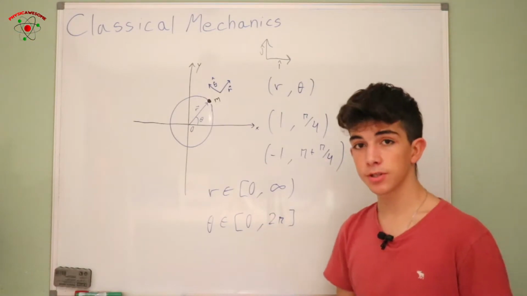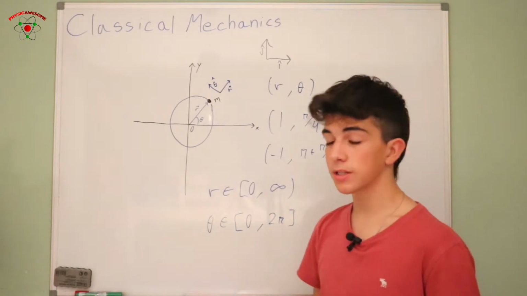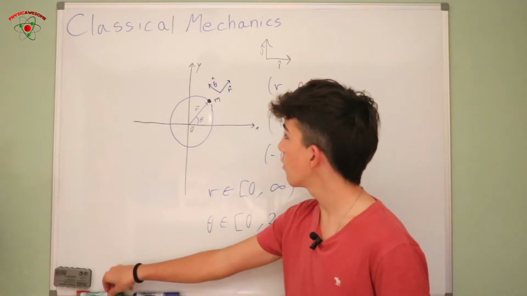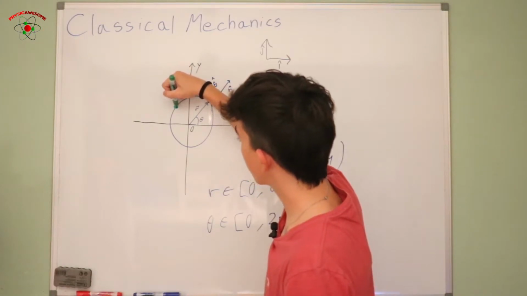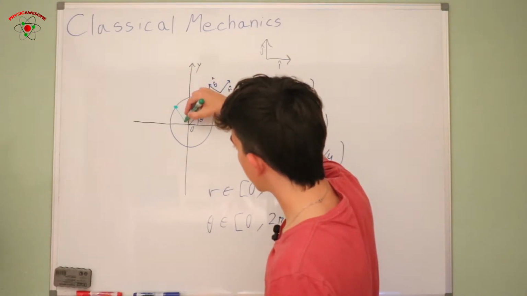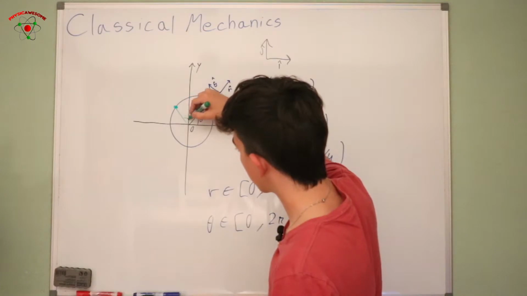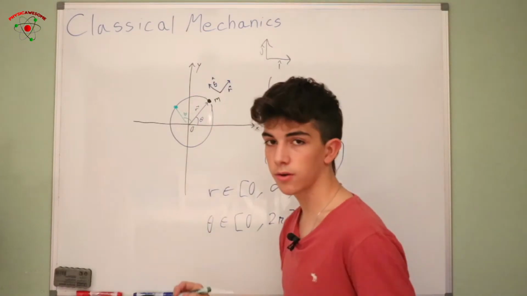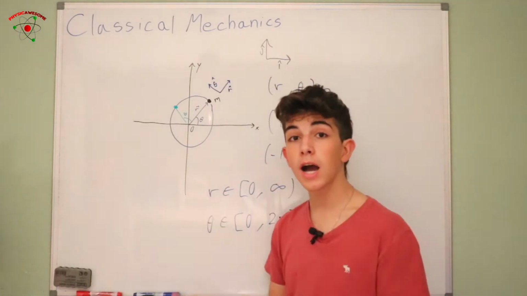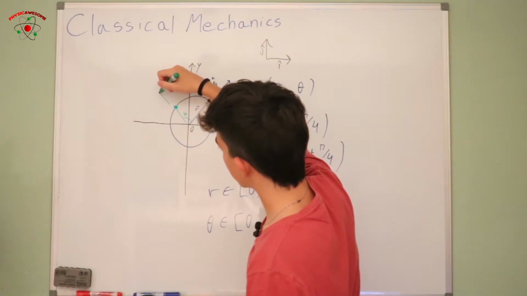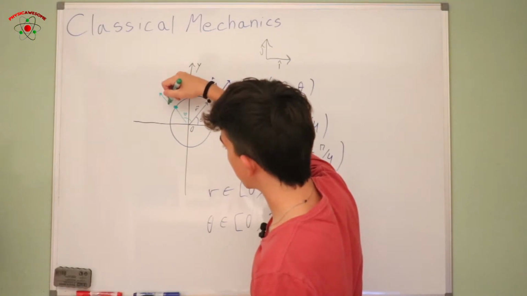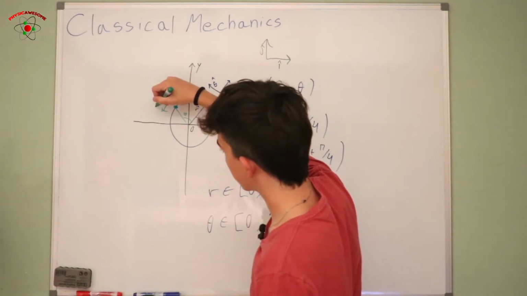Another important feature about this coordinate system is that, imagine our mass at a later time is found right around here and has a brand new theta angle right there. It will also have different unit vectors, r hat and theta hat.